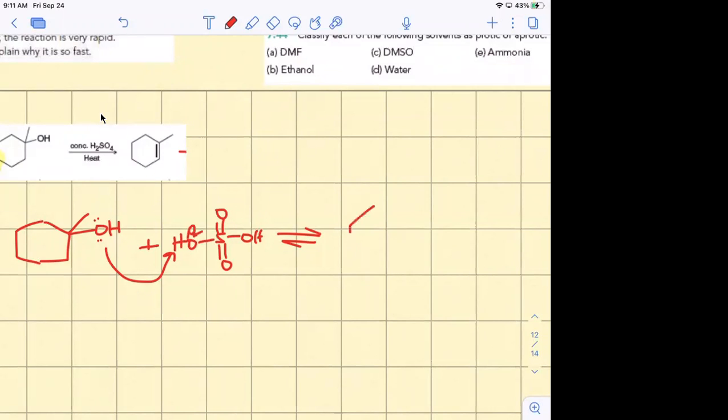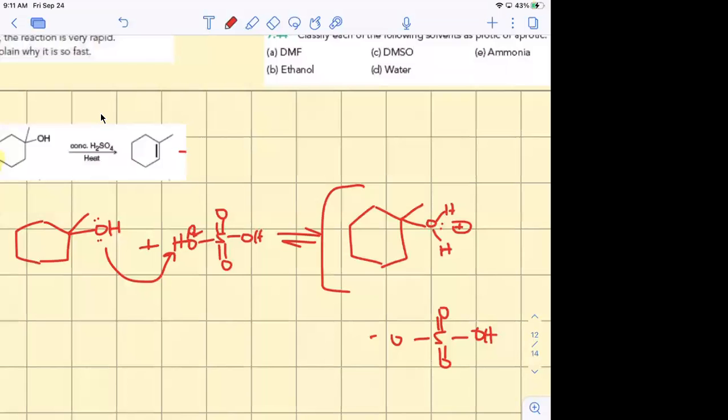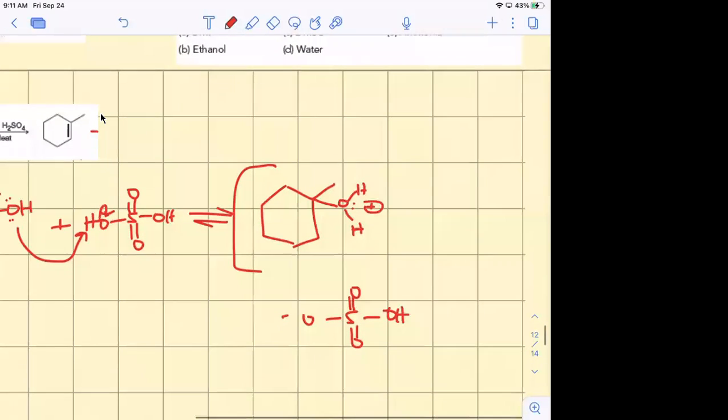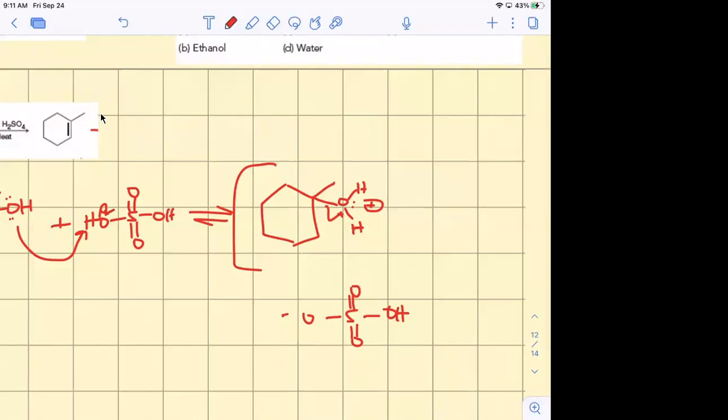What I'm doing in that step, even though it's not part of the rate determining step, is making that OH a better leaving group. So now I have that plus this. And this intermediate is going to lose water as the leaving group and give me a carbocation intermediate.